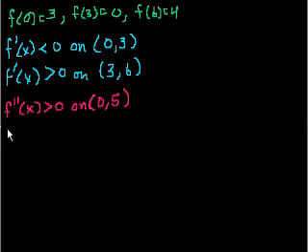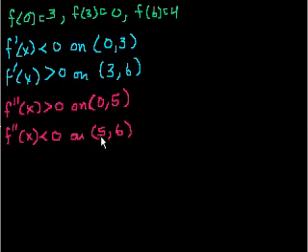And they also tell us that the second derivative is less than 0, so it's concave downwards, on the open interval from 5 to 6. I don't know what happens after 6, they don't give us any information. Maybe it goes to an inflection point. We don't know. So maybe we'll just assume that it doesn't change.